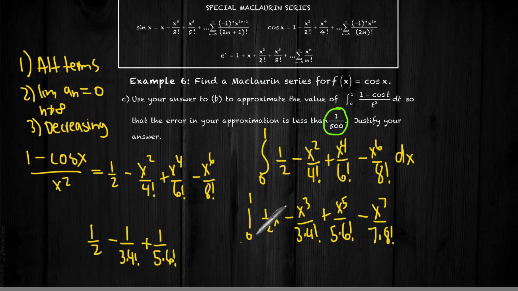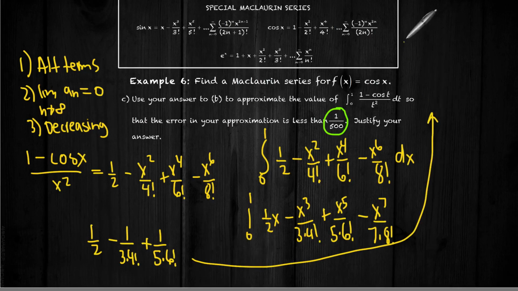So if we write this out, maybe I'll continue it up here. So we have 1/2 minus 1 over 72, which is what you get when you do 4 factorial, which is 4 times 3 times 2 times 1, which is 24 times 3. And then we get 1 over 3600. Now 1 over 3600 is clearly smaller than 1 over 500.